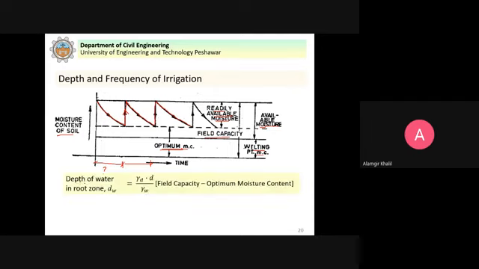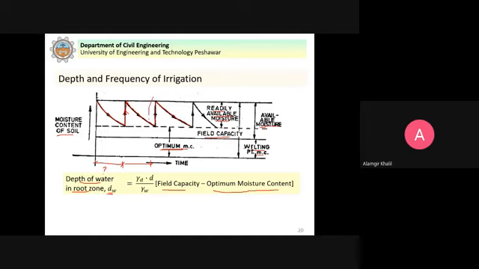So the depth of water in the root zone, let's say we denote it DW, will be equal to gamma D into D divided by gamma W, which will be equal to the field capacity minus the optimum moisture content, because this will be the readily available moisture.